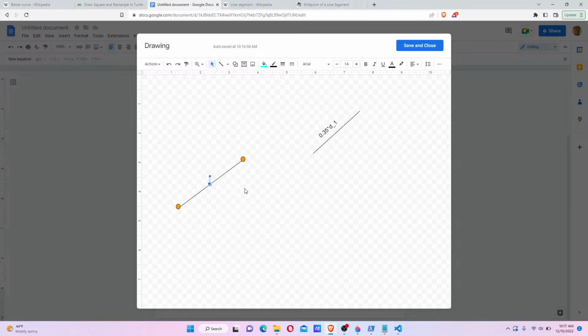Now, then there's the midpoint. Okay, there's that distance. We have our midpoint. That's the unknown point. We know the equation of this line.